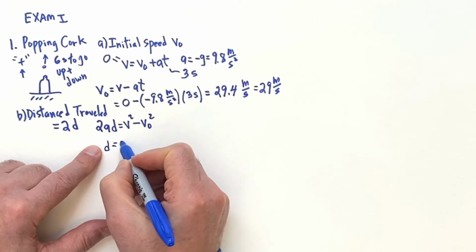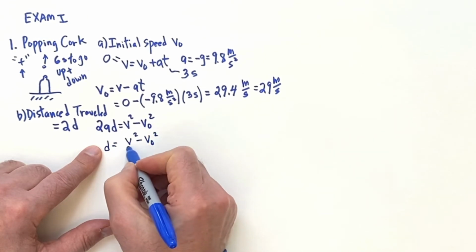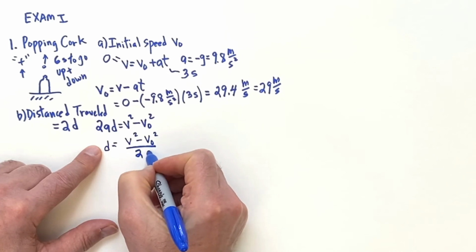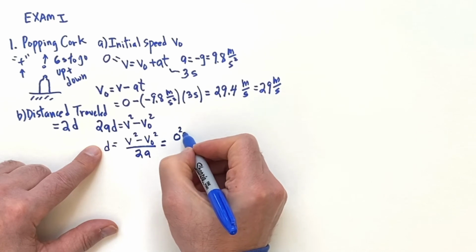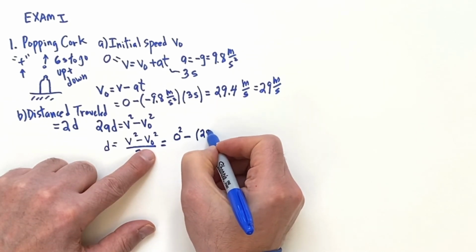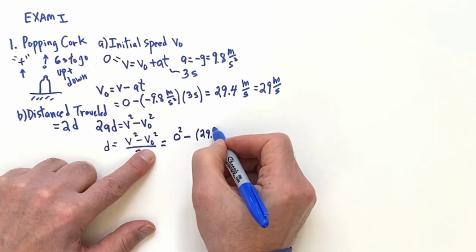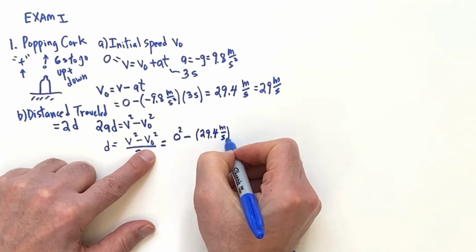So D is V squared minus V naught squared over 2A, and V squared at the top is going to be 0. And then at the bottom, I'm going to use the 3 significant figures here as an intermediate step.